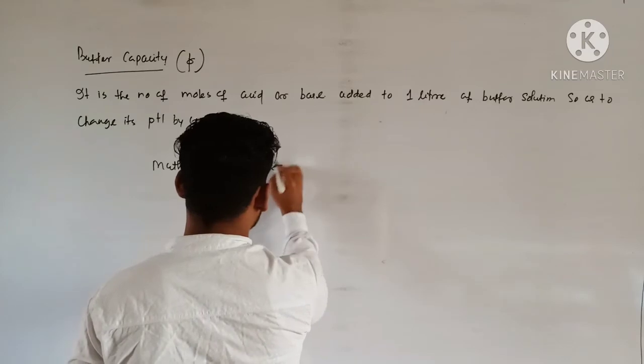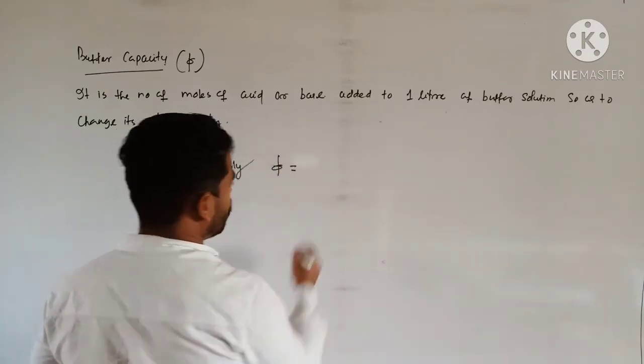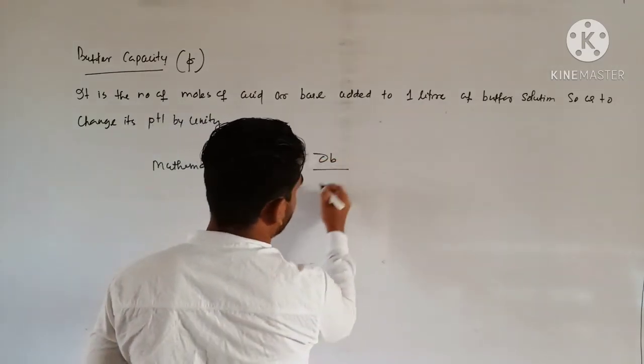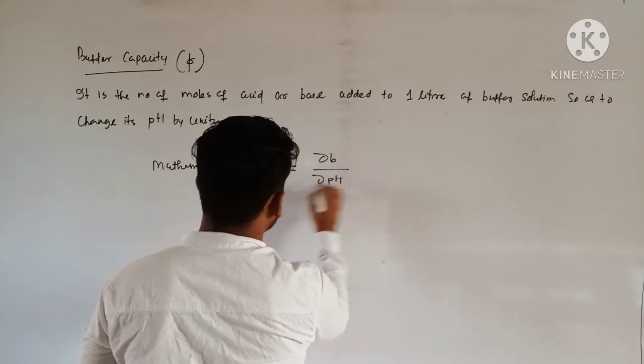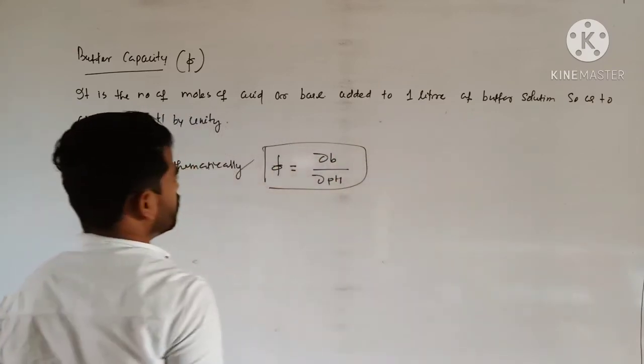So mathematically, buffer capacity phi is equal to del B upon del pH. Is that clear?